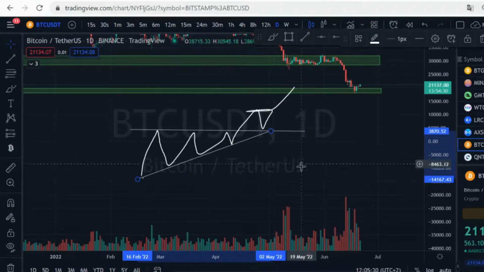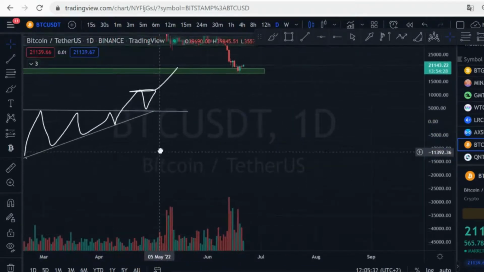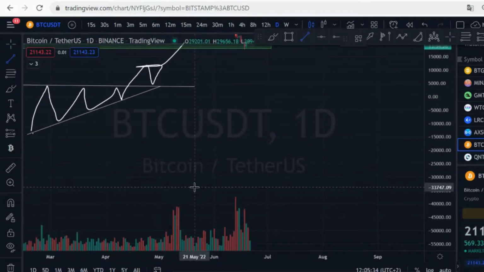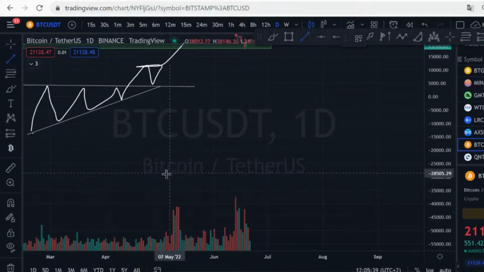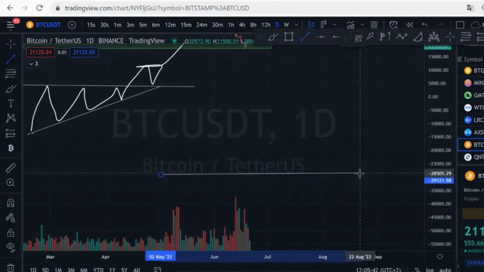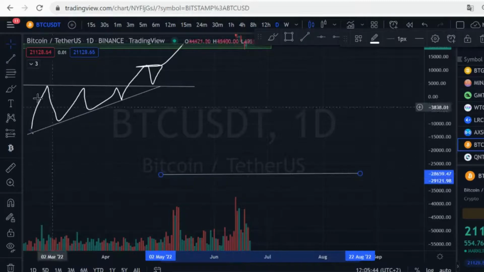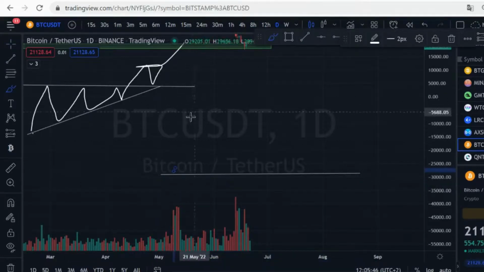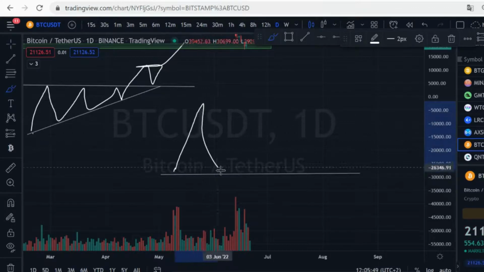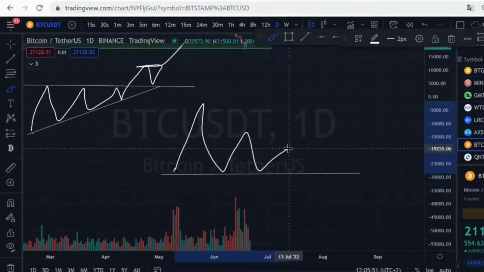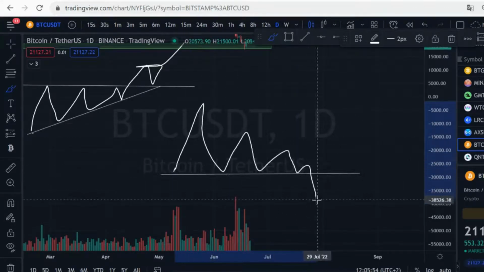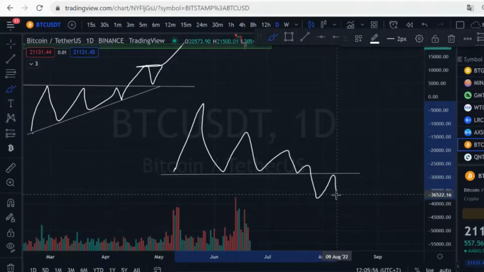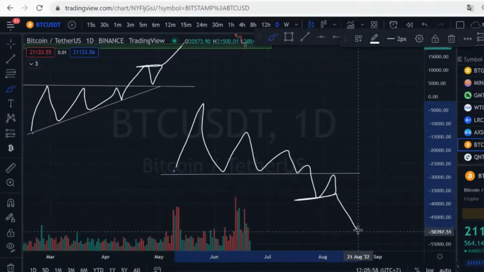The next thing is we want lower highs. So therefore the line is below and the price is bouncing like this, making lower highs, and then breakout to the downside, retest, and then making lower lows, lower highs, sorry.